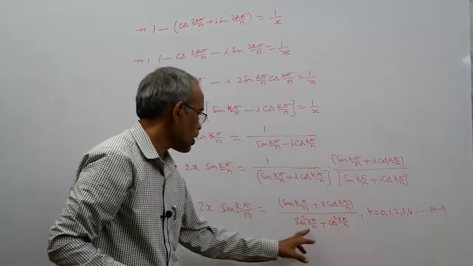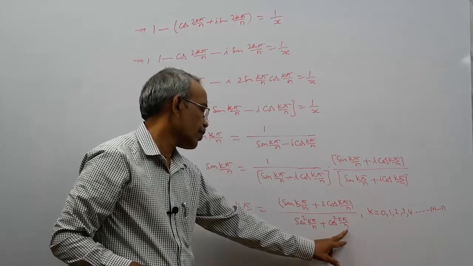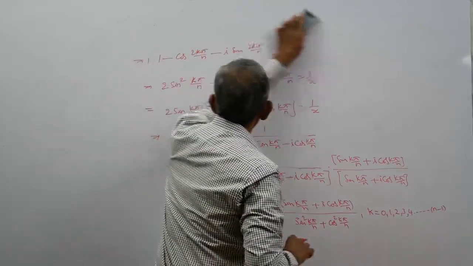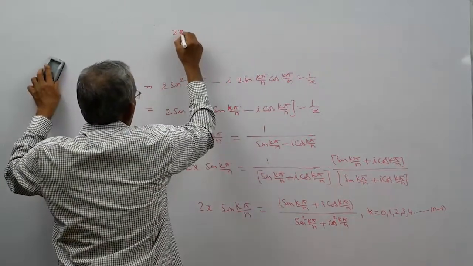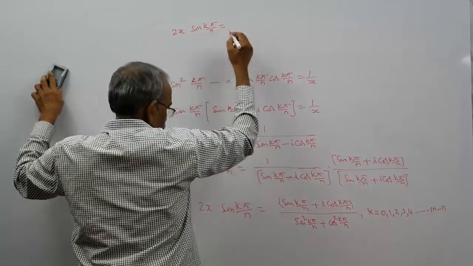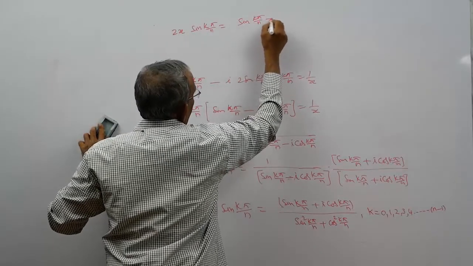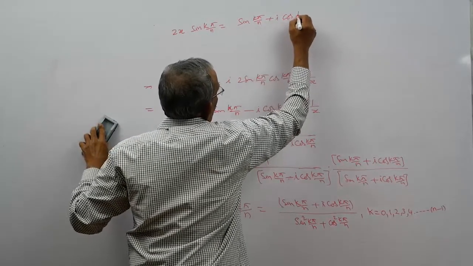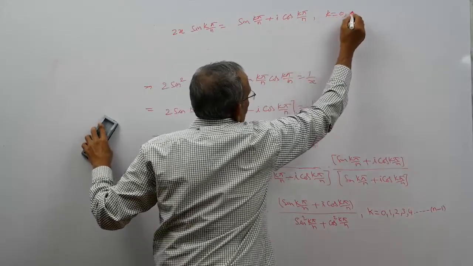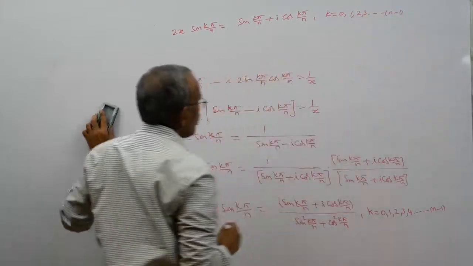We know that sin square θ plus cos square θ is 1. This is the trigonometric identity. So we get 2x into sin kπ/n is equal to sin kπ/n plus i cos kπ/n, where k equal to 0, 1, 2, 3, 4 up to n minus 1.